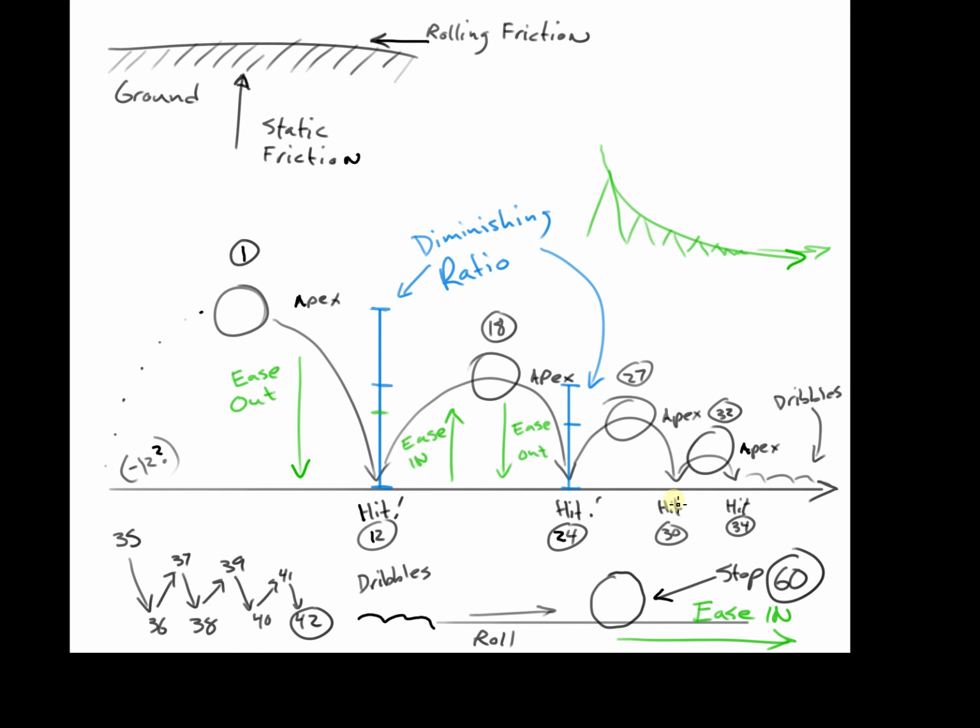And then I just divided that in half again, so 6 frames between these points, and then 4, because the math was just a little bit easier to do that way. And then all of these take just 2 frames in between each dribble, because that's the minimum that we can get and still have a bounce represented. And then finally it's going to settle down and just roll to a stop in the last 18 frames, so a little bit more than half a second. So we have this nice time to stop here.